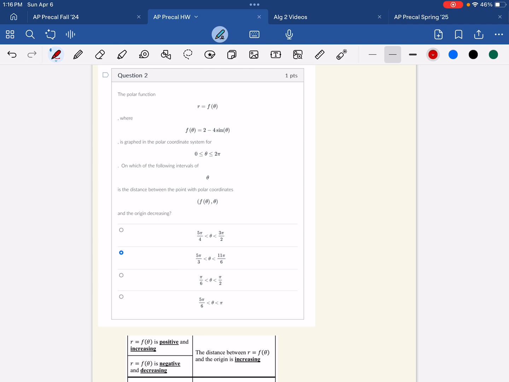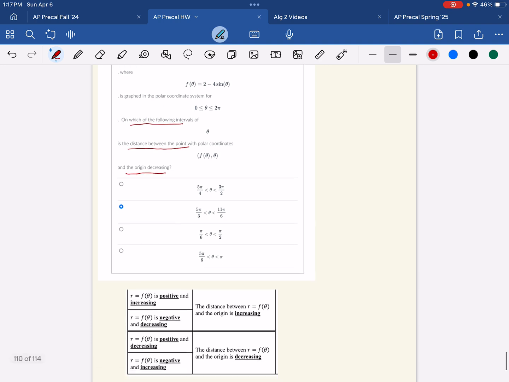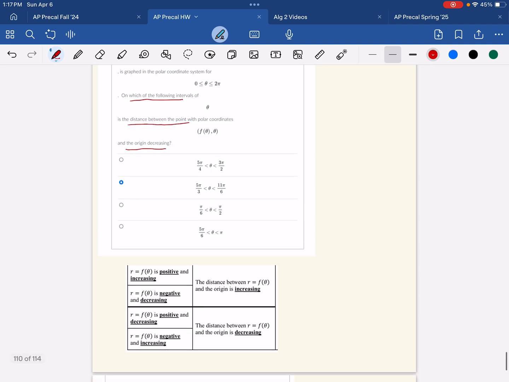We're given an equation, which is great, and we're trying to find which of the following intervals of theta, so we're looking at our angle, and we want to know when is the distance between the point and the origin decreasing. From lesson 315, we said that we can determine this a couple of ways.